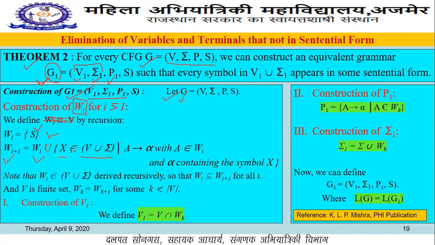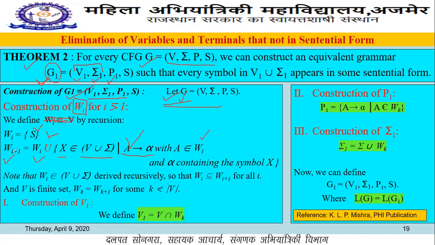And how do we choose this variable or terminal from grammar G? For that we choose a production A tends to alpha in grammar G, where of course A belongs to the previously created set Wi.